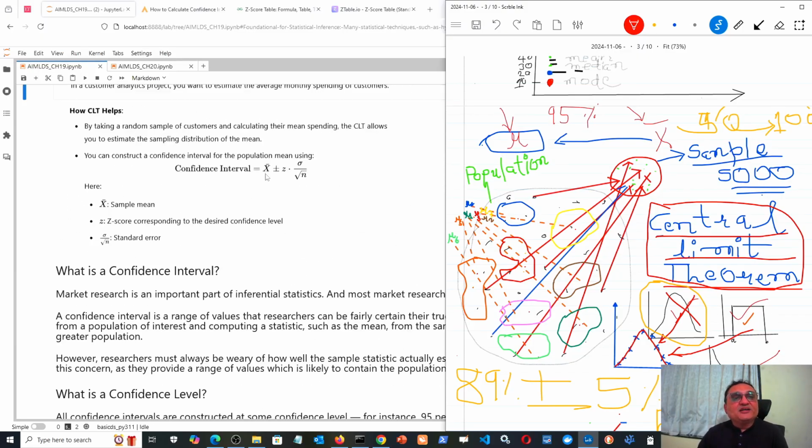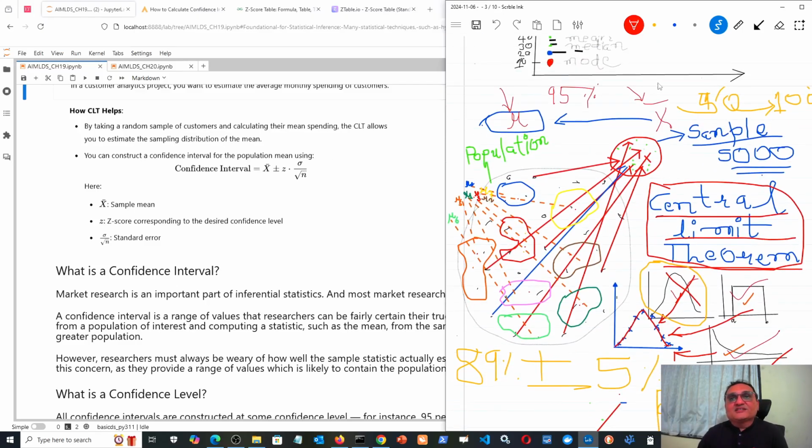So what you will put here is the value of the sample mean, x bar, plus or minus 1.96 multiplied by the standard deviation of the sample divided by the root of the number of observations in the sample. That means the standard error is this much. Suppose this answer, 1.96 multiplied by sigma divided by root n, comes out to be 0.35, and suppose the sample mean came out to be 45.65.